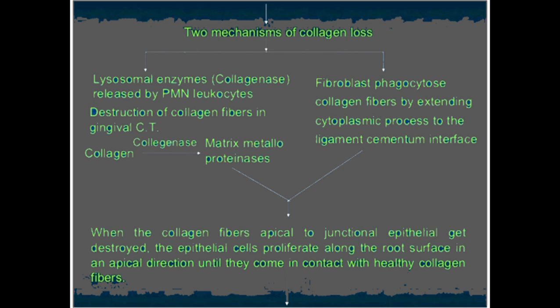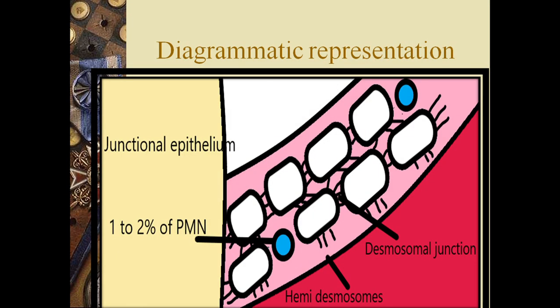And another mechanism is fibroblast. Fibroblast, which is responsible for the maintenance of collagen, will break down the collagen fiber. And when collagen fiber apical to junctional epithelium gets destroyed, then epithelial cells proliferate along the root surface in apical direction and hence pocket formation will be there.